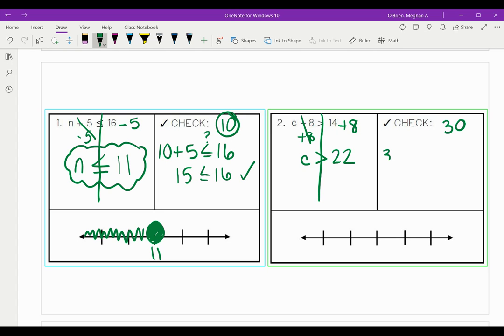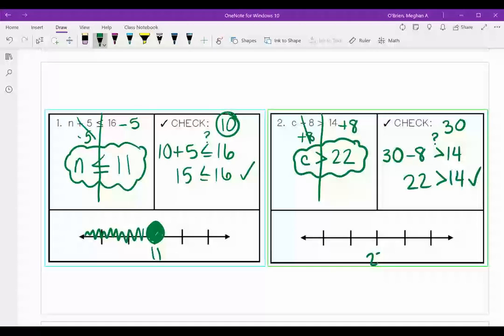Let's plug it back in. I'll pretend C is the number 30, minus 8. Is it greater than 14? 30 take away 8 is 22. And yes, 22 is greater than 14. Woohoo! So I'll put the 22 here. It's an open circle, and all the numbers greater than it would be shaded to the right.